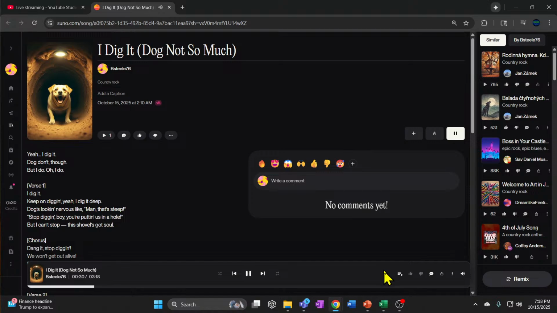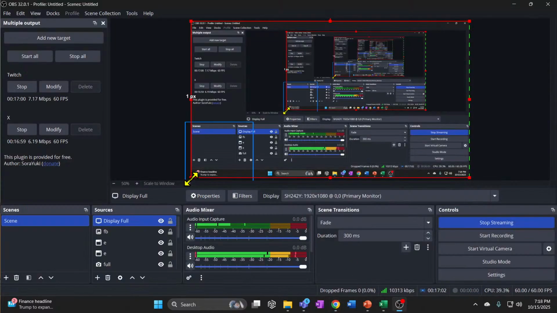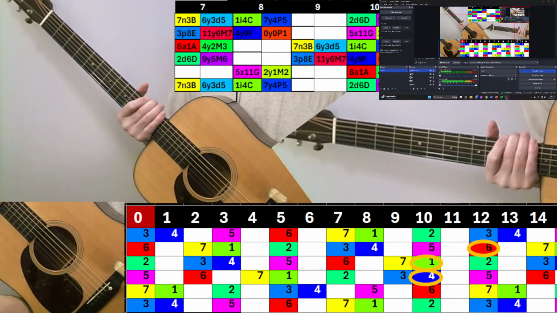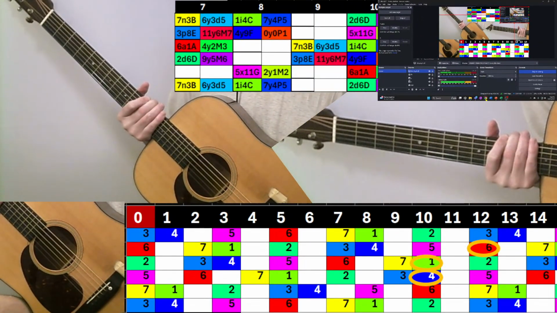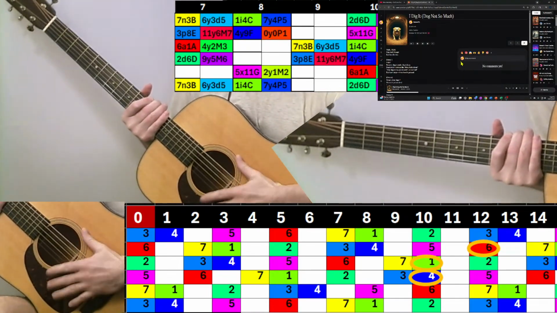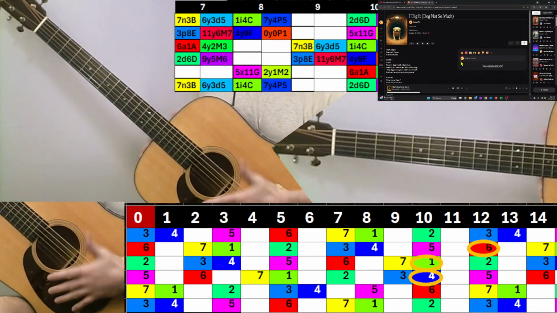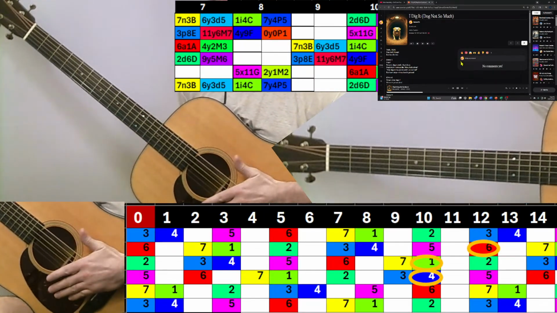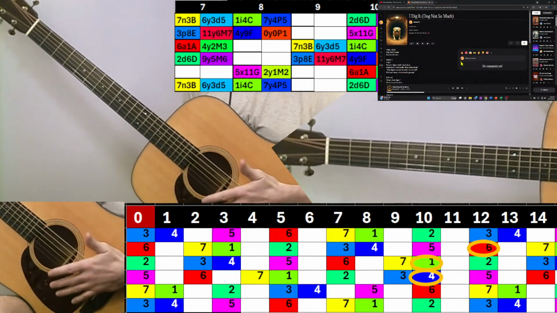This shovel's got soul. Dang it, stop digging. We won't get out alive. But I dig it, yeah, I thrive where the dirt vibes. Sling that clay, let the chaos roll. 'Cause I dig it, baby, even when it's a hole.